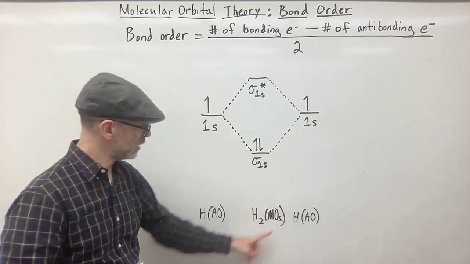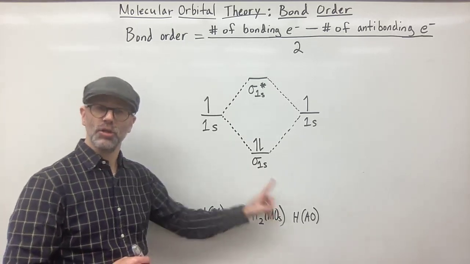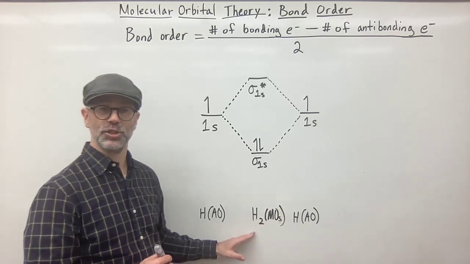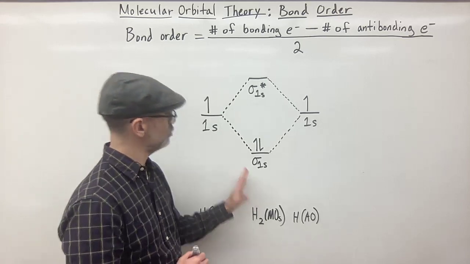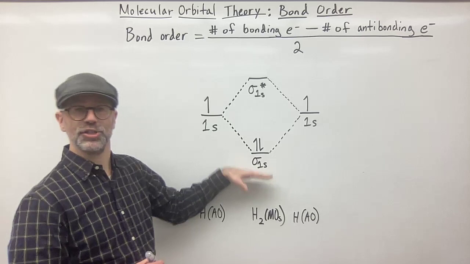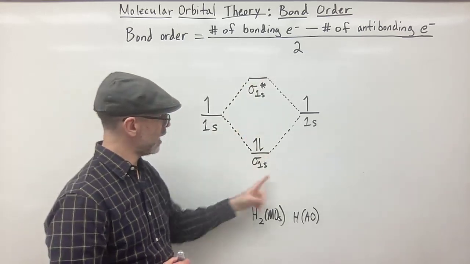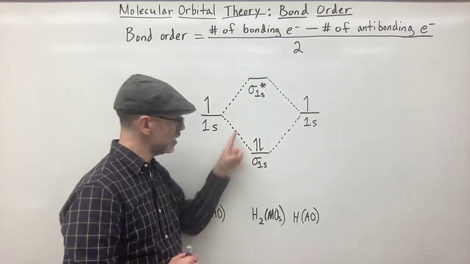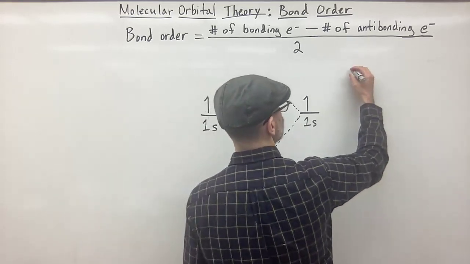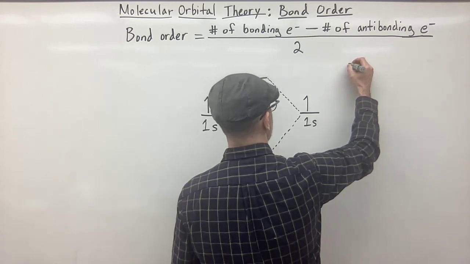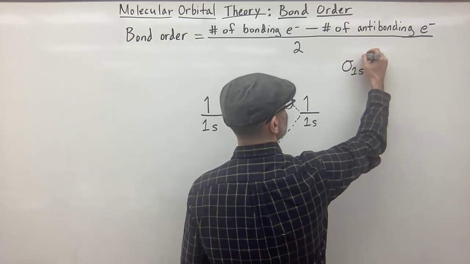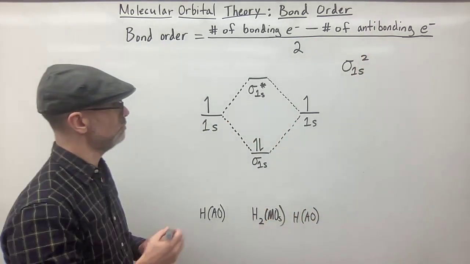For the molecule H2, we're going to use the molecular orbitals starting from the lowest energy, working our way up. Since we only have two electrons in this molecular orbital, the electron configuration for H2 is just going to be the sigma 1s with two electrons.